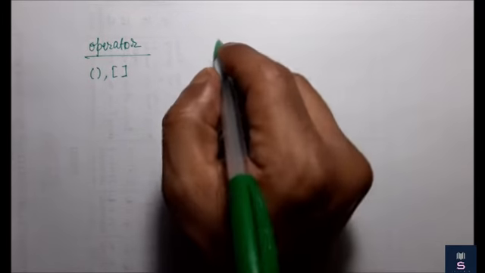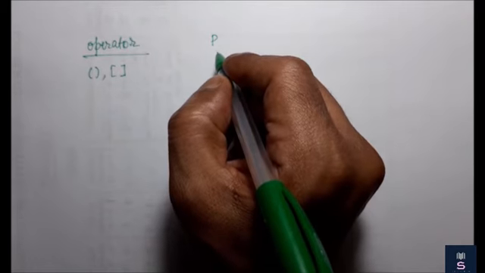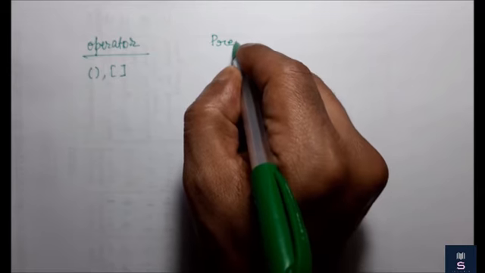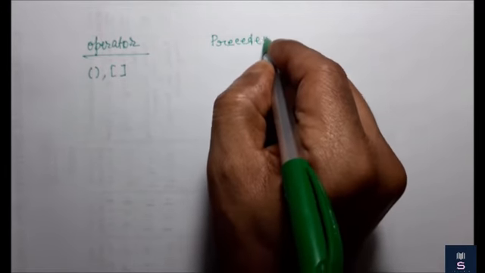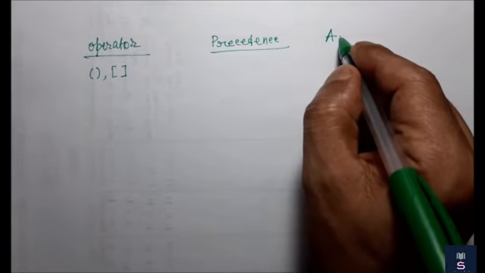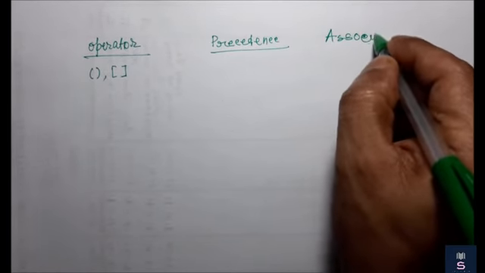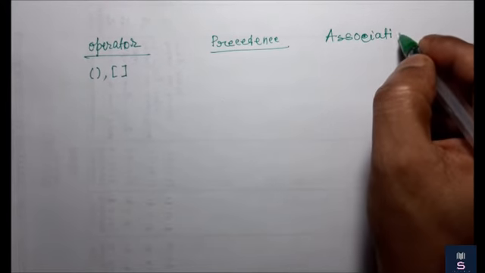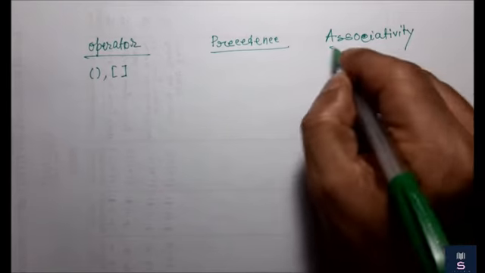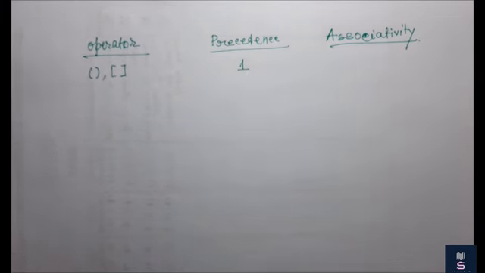And what is the precedence if I use them with a pointer? So let me write the precedence and associativity. The precedence is higher, so that means the precedence is 1.